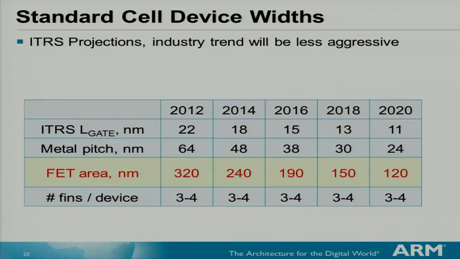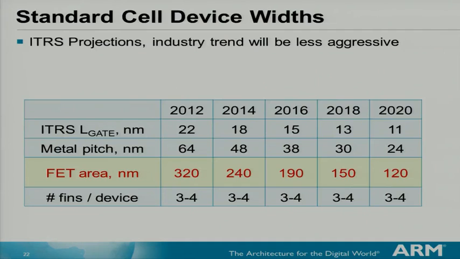And here are the metal pitch predictions, which go from 64 nanometers all the way to 24 nanometers in 2020. If you consider that you lose the power rail metal pitch, and about 2 metal pitches because of restricted design rules between the PFET and NFET, the total FET area, that's NMOS and PMOS, is pretty limited for a 1x drive strength.